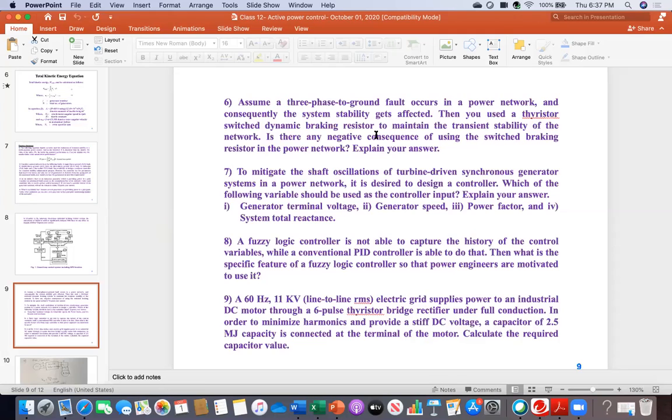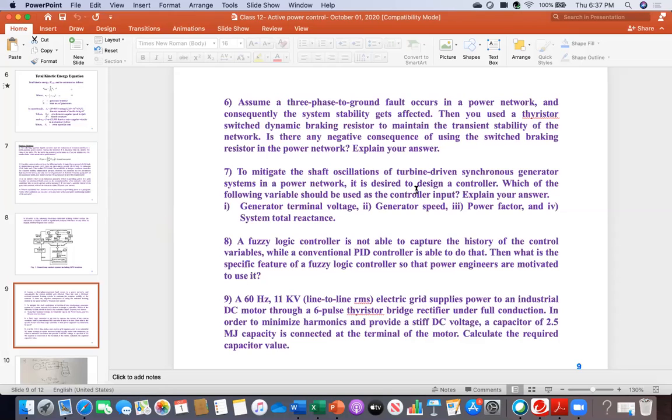Okay, moving forward, the next question: to mitigate the shaft oscillation of a turbine-driven synchronous generator system in a power network, it is desired to design a controller. Which of the following variables should be used as the controller input? Explain your answer.